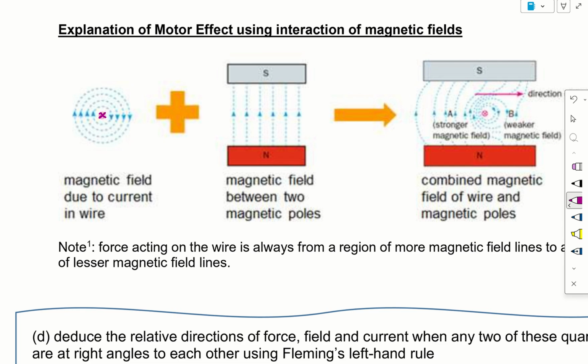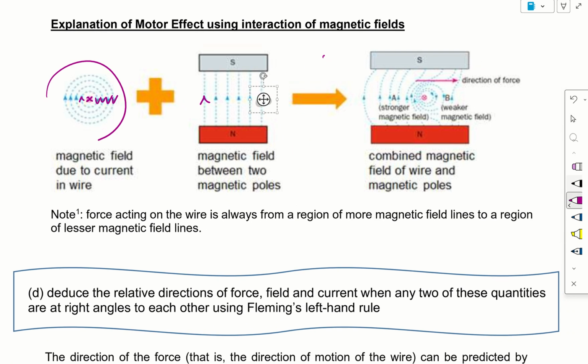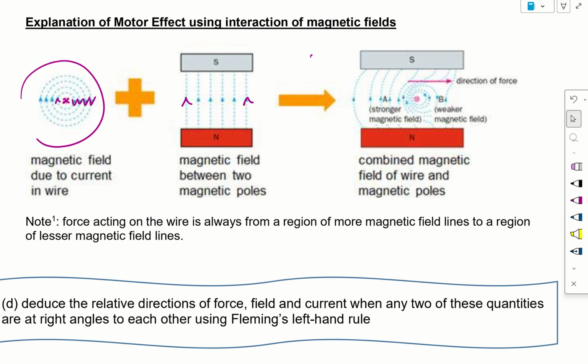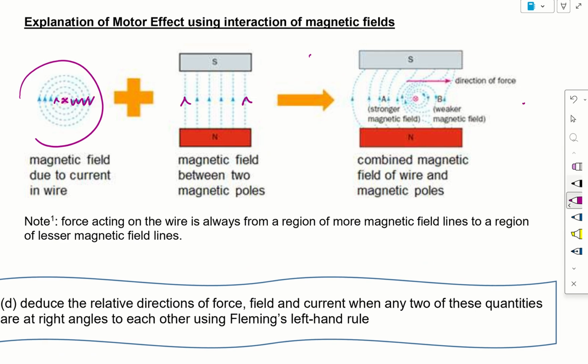Practice using the right hand grip rule for a solenoid, so that the direction of the magnetic field produced is in a clockwise direction. And we have an external magnet. The direction of the magnetic field is north to south, so it's going upwards. If this is now placed in the magnetic field of the external magnet, on the left hand side we have them flowing in the same direction, so we have more magnetic field lines.